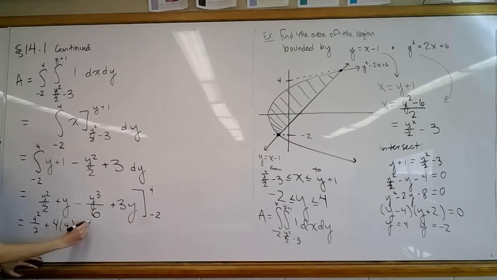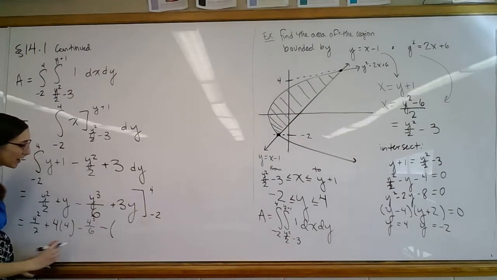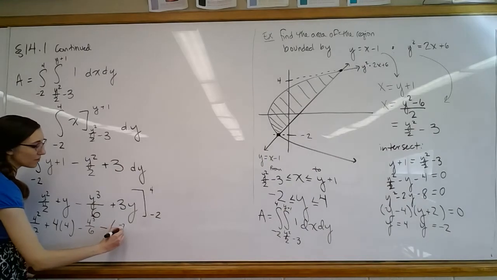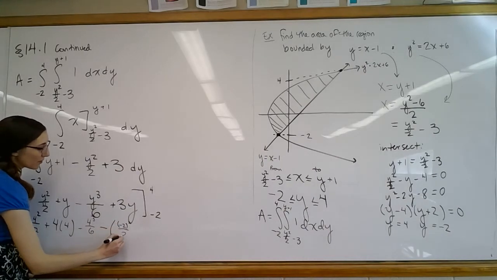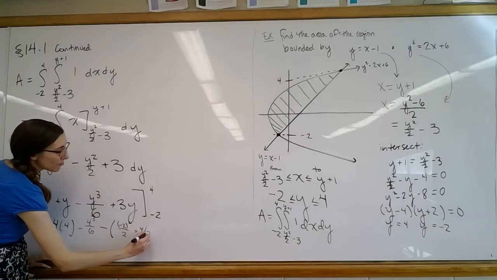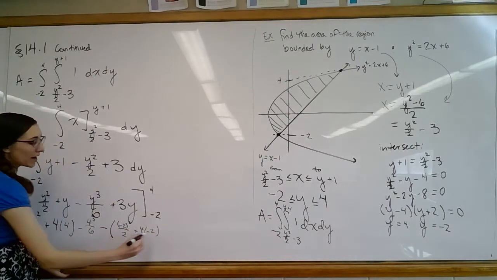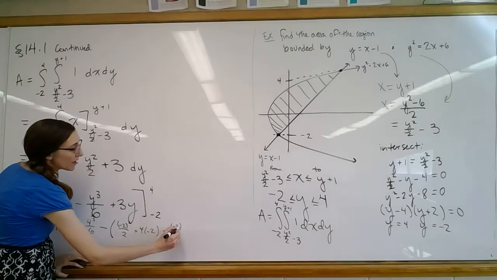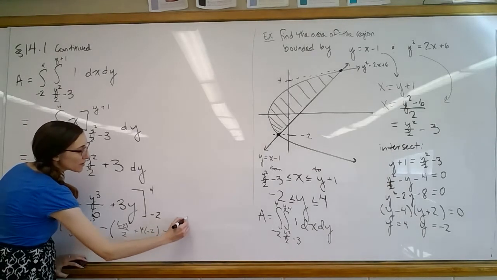And then minus 4 cubed over 6. And then we're going to take all of that and subtract, plugging in negative 2, so you're going to have negative 2 squared over 2 plus 4 times negative 2, and then minus negative 2 cubed over 6.